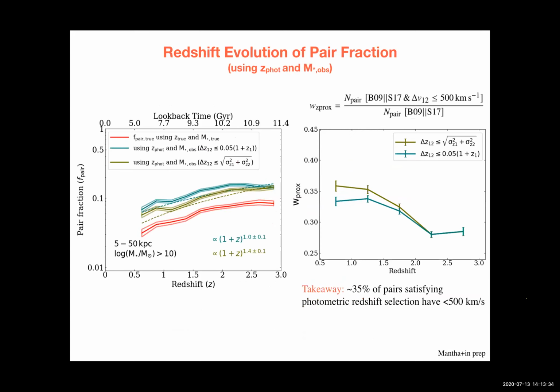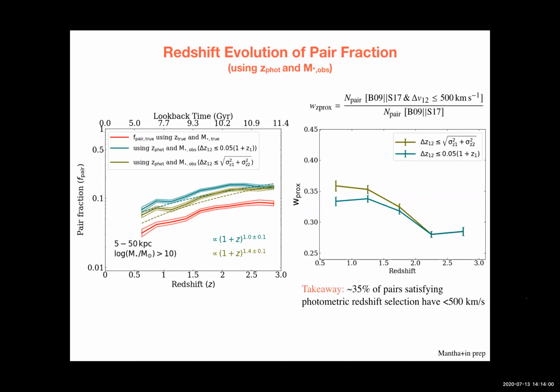Now let's dive into what happens if we incorporate the observed values. For example, in this plot, I'm showing the pair fraction evolution if I incorporate the photometric redshift and the stellar mass uncertainties into the picture. On the left-hand side plot, you see the pair fraction, and the red solid line is the same line that I showed in the previous figure when you don't incorporate any observational effects.